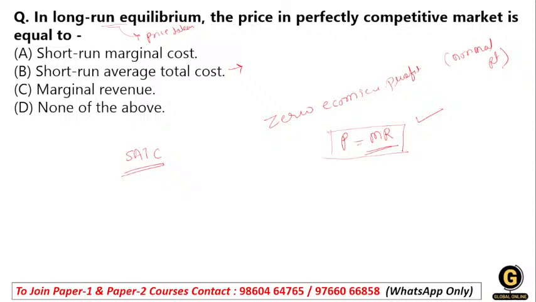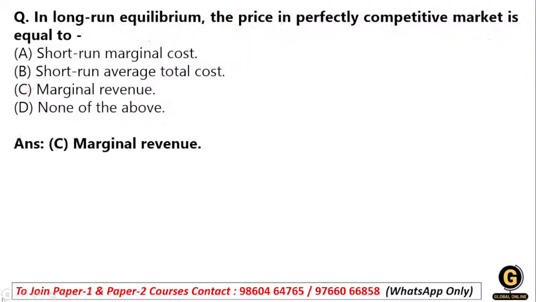The firm optimizes based on the long term cost rather than short term fluctuation. So if we are talking about the long run equilibrium in a perfectly competitive market, price equals marginal revenue. So the right answer will be marginal revenue.